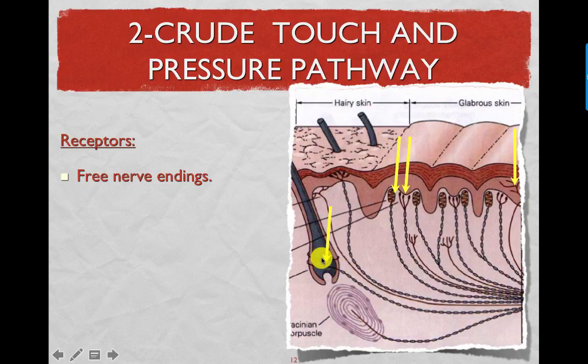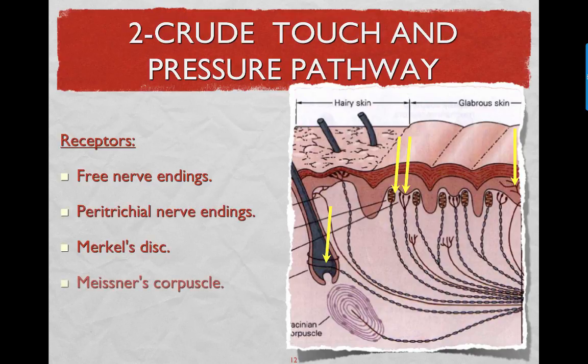So we have 4 receptors, 2 with the letter M and belonging to the fine touch, and 1 with the pain and temperature pathway, and a new one which is specific here, which is the peritrichial nerve endings to feel touching of the hair or moving of the hair.